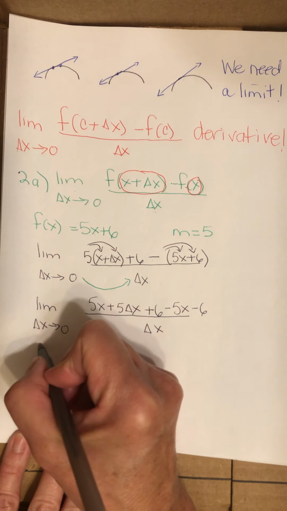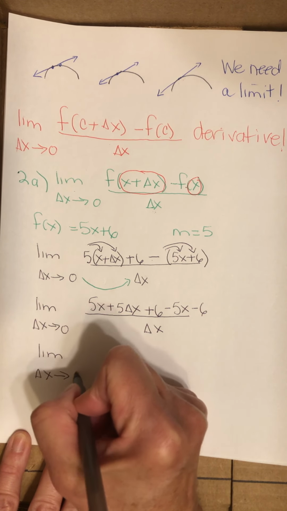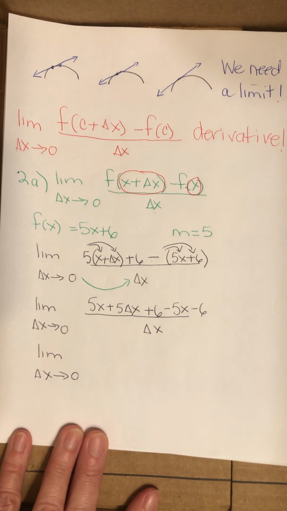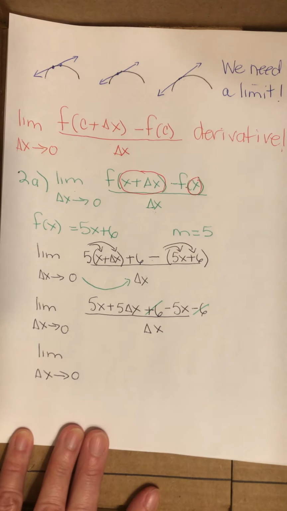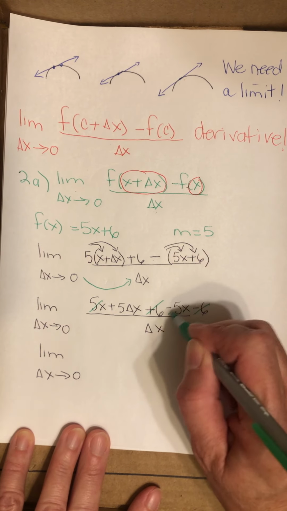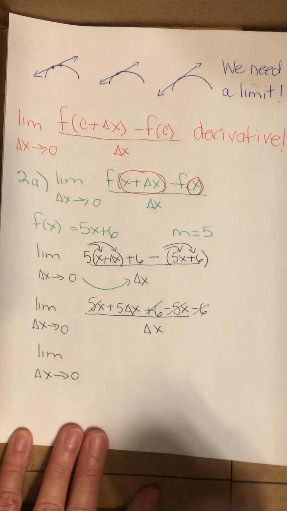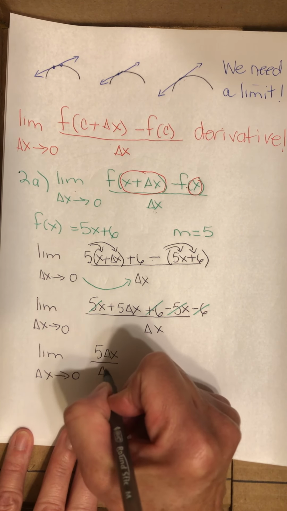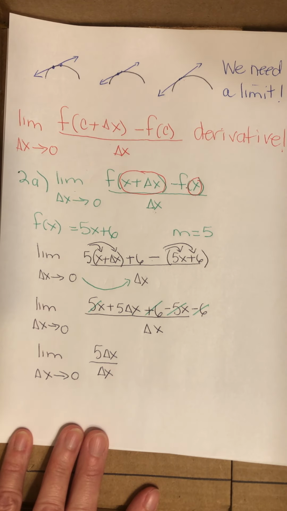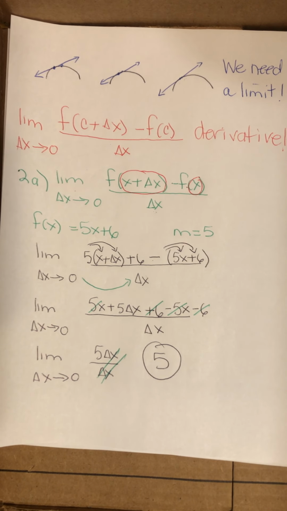All right, still a little bit more cleaning up to do in the numerator. Notice here that your plus 6 minus 6 cancels out. Also notice that your 5x minus 5x cancels out. Notice in the numerator, you are left with 5 delta x divided by delta x, and those delta x's cancel, and you're left with the 5 that you knew was supposed to be the answer.